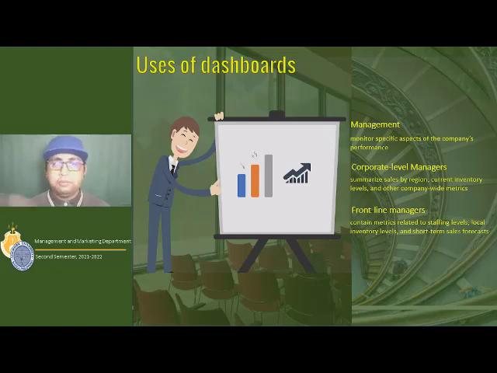For corporate level managers, it's stated here that daily data dashboards might be able to summarize sales by region or by state or by locality, or in terms of revenue or inventory levels and other company metrics that they use.